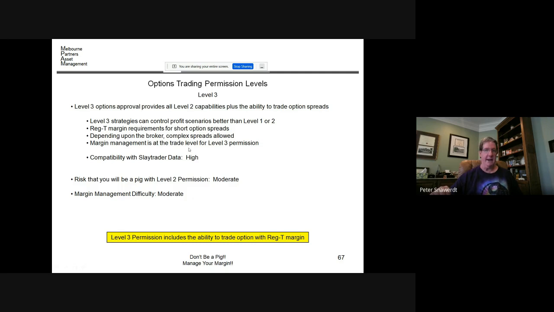I can sell a put at $80 and buy another put at $78, so that my net potential loss is only $2 if the stock actually went below 78. Okay, that's what a spread is.